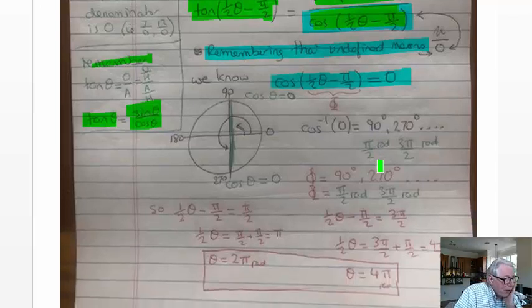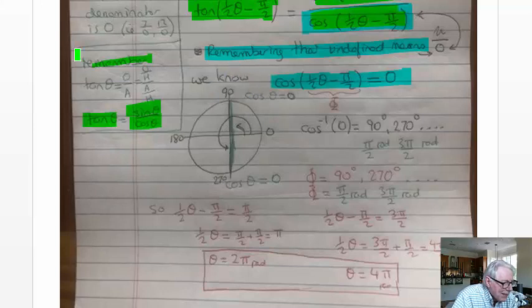And then we say, okay, well, visualize. So here's my unit circle. And I want the value when the cosine is equal to 0. So let's just remind ourselves of a bit here.